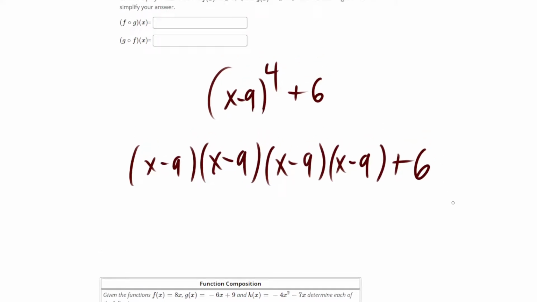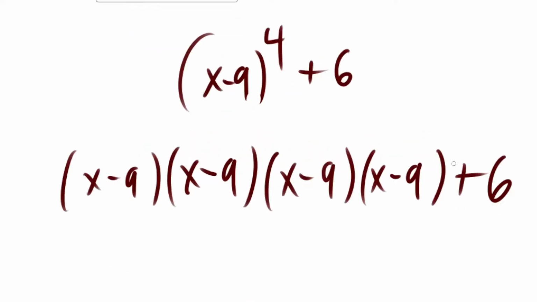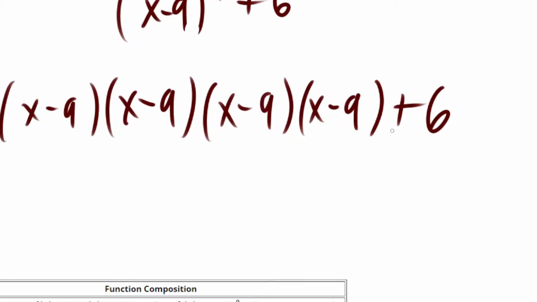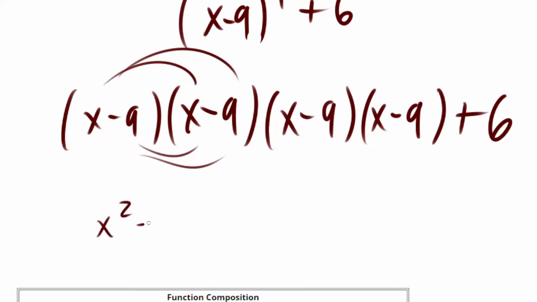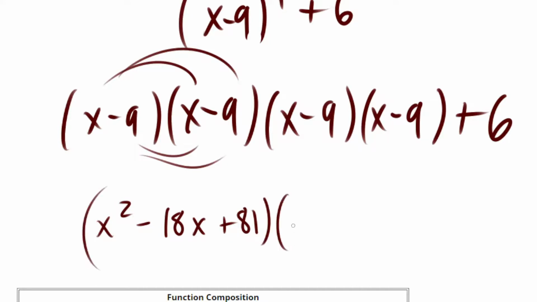This is kind of trickier than what we are used to doing. Hopefully it gets easier. So we'll do this and this and then this and this, which gives you x squared minus 18x plus 81.